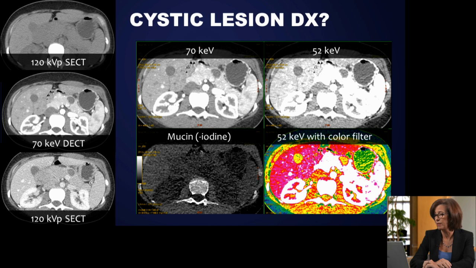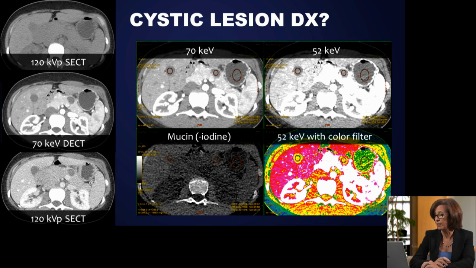So that doesn't really help us. If we put it into our pancreatic cystic protocol, again, this is just a push button feature that you'll see me use at the end of the presentation. Click of a button, we're looking now at a mucin image on the lower left, the 52 keV image with the color filter on the right, and we're looking at the content of that lesion, which is clearly different than water. But is it mucin?